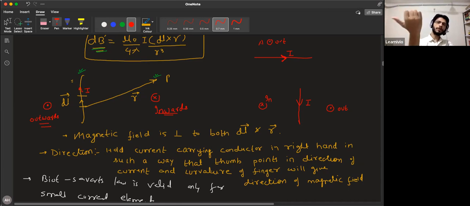It's coming out of the plane of your copy. If you draw this line on your notebook and place your hand in this way, then for a point above the wire the fingers come outwards, and they will go inwards if you consider a point below the wire. Understood, sir. Nabil, your voice is cracking.